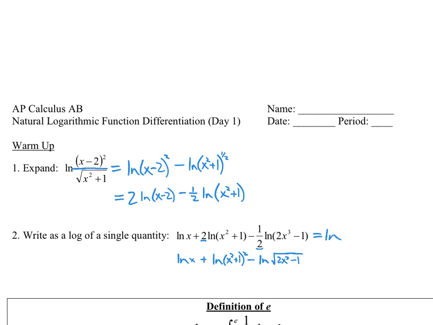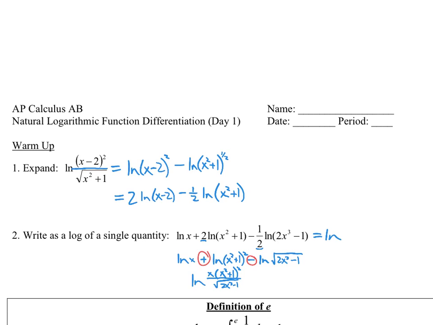Okay? Now I see addition and subtraction, which means that as I combine those logarithms together, whenever I see addition, I'm going to multiply, so it's x times (x squared plus 1) squared, and where I see subtraction, I'm going to divide, so that's all going to be over the square root of 2x cubed minus 1.